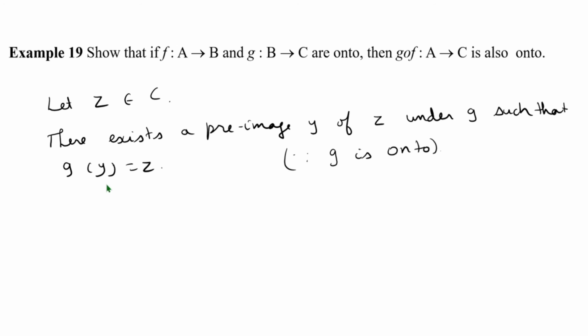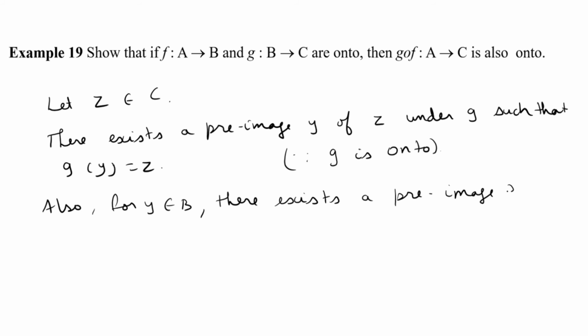Now, for y belongs to the set B, since f is onto, there exists a pre-image x in A. Also, for y belongs to B, there exists a pre-image x belongs to A with f of x is equal to y, since f is onto.